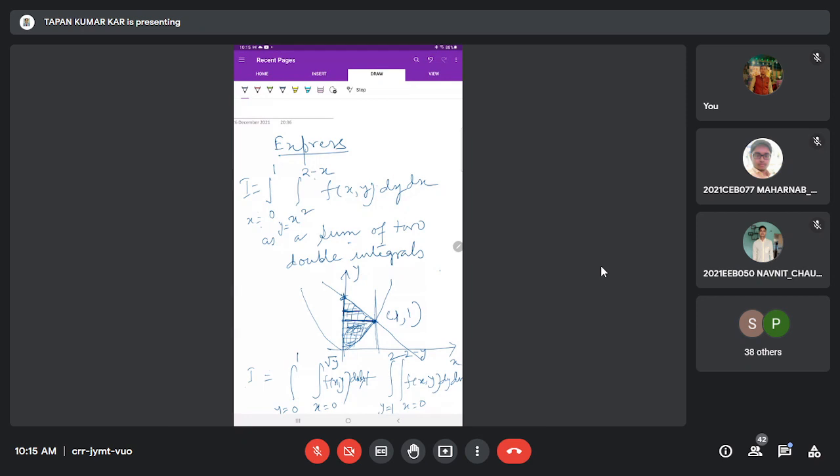In this way you can express the integral as a sum of two double integrals.